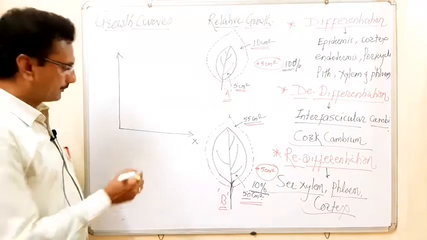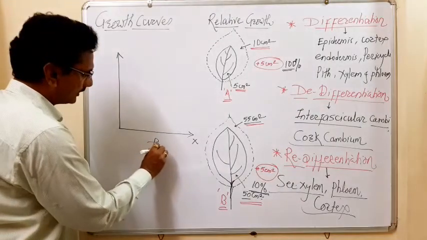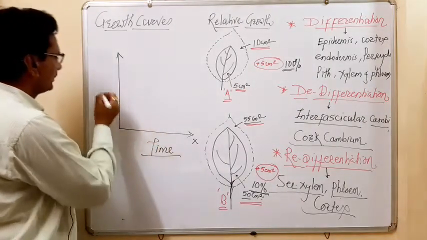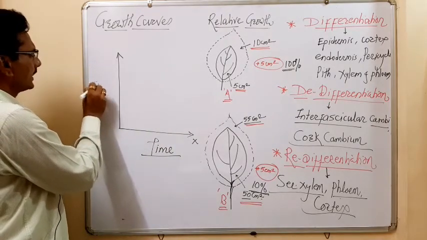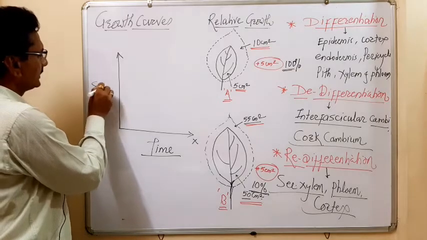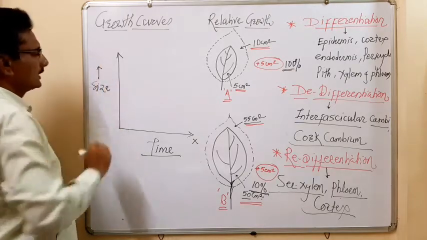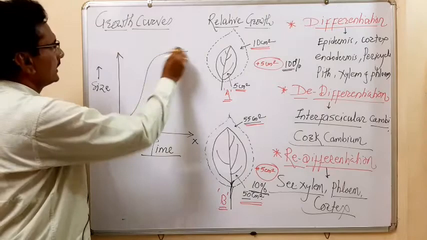We have to take time on this x-axis. Then the actual growth, or as per your question bank, growth in size. So this is the S-shaped curve.